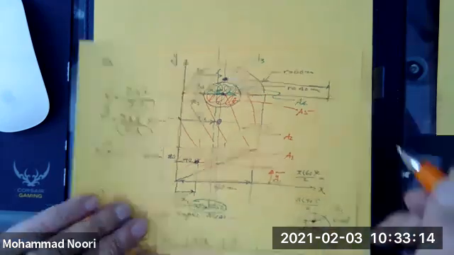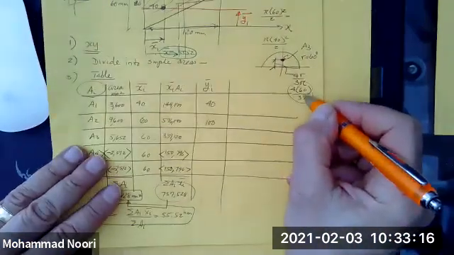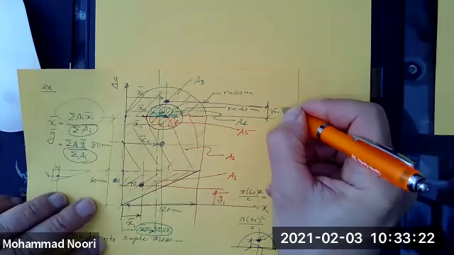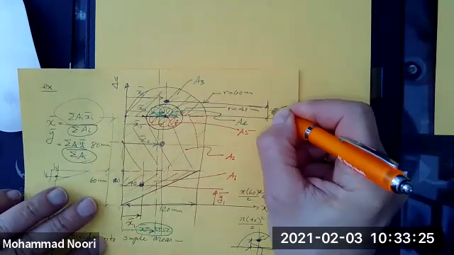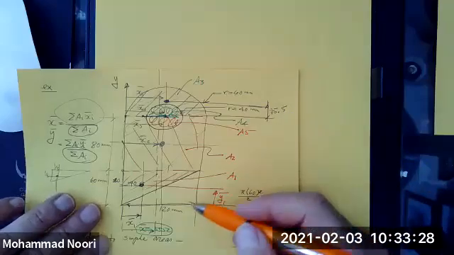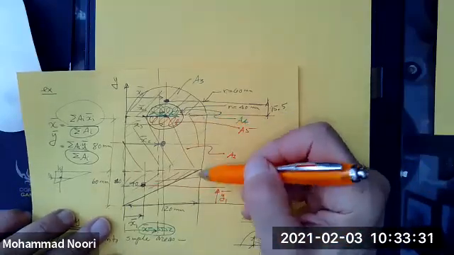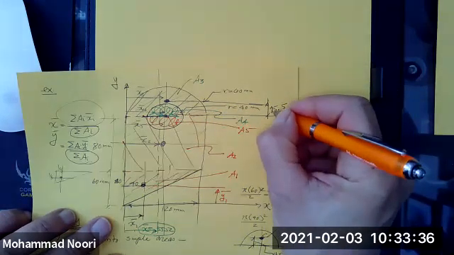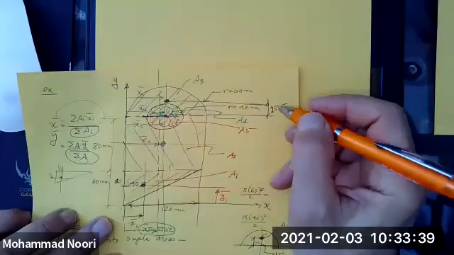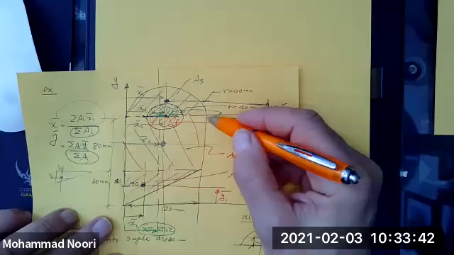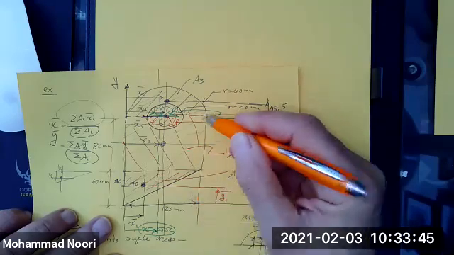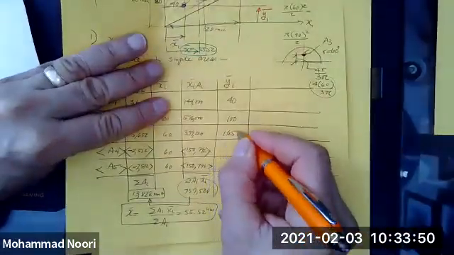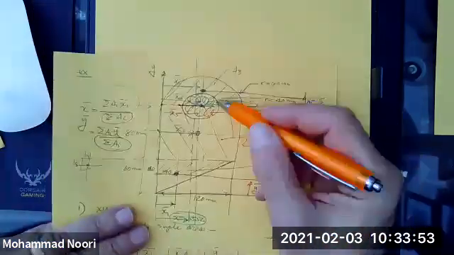But how much is this? If you calculate this, you will see that it comes out to be, oh, I'm sorry, 25.5. Distance from here to here is 140. You add to that, that gives you Y3, so that would be 165.5.